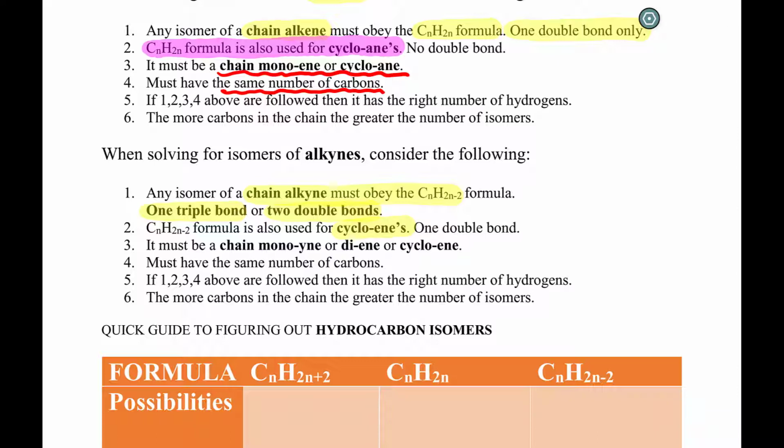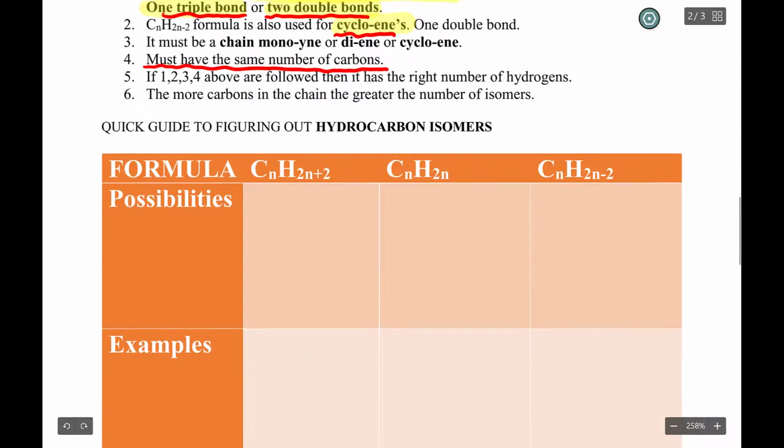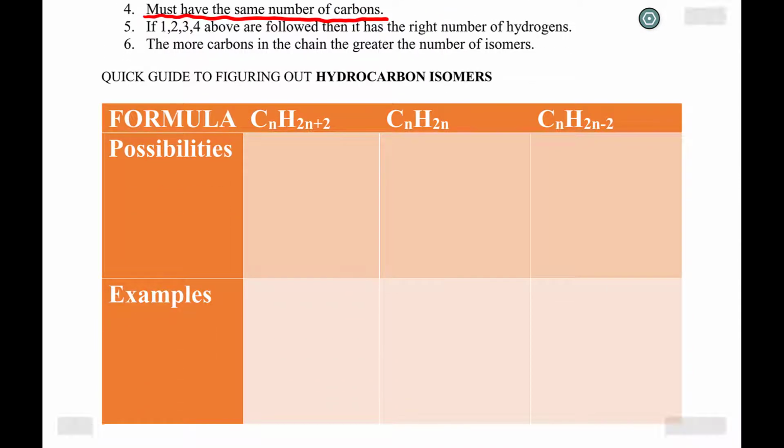The cycloalkene could only have one double bond though. And then if you counted up all the number of carbons and they all had the same number of carbons, and all the things I was comparing were a cycloalkene or a diene or an yne, then they would be isomers of one another.